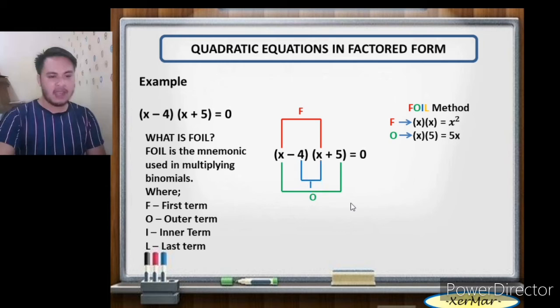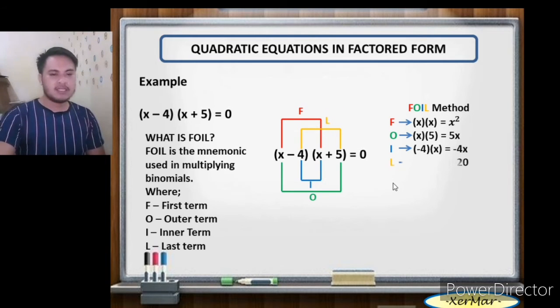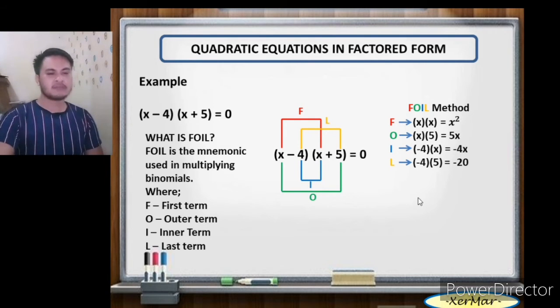Next, I, for the inner term, we will multiply negative 4 and x equals negative 4x. And for the last term, we have to multiply negative 4 times 5 equals negative 20.